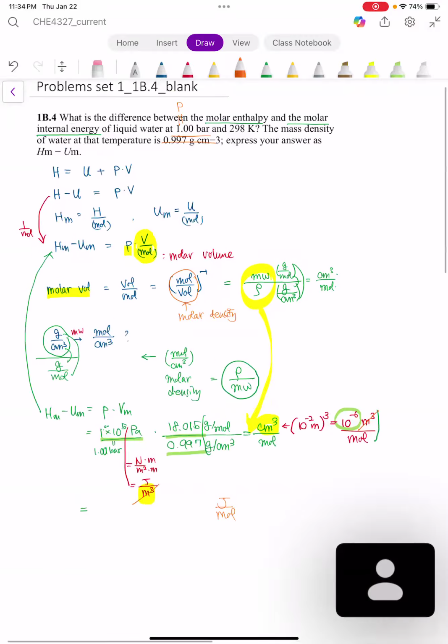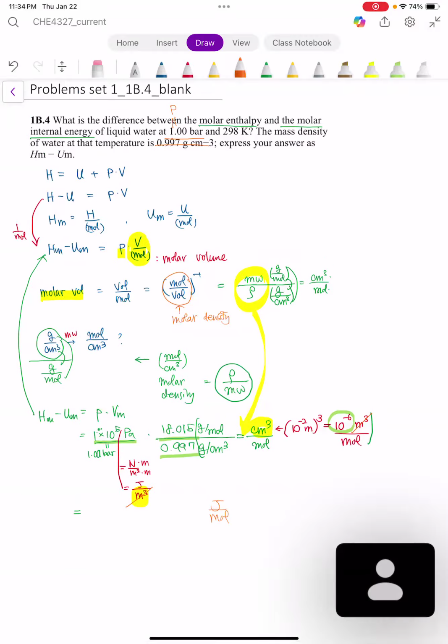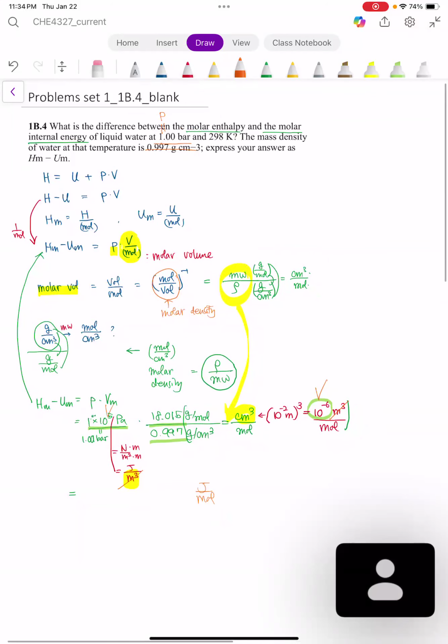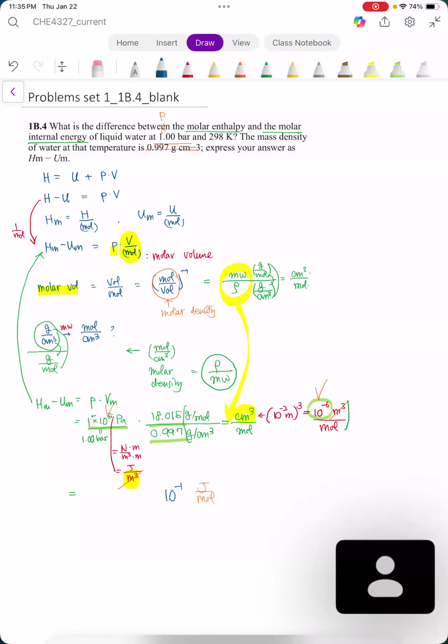Before you punch it into the calculator, you can recognize that this one and this one can be worked out even before you put it into the calculator. 10 to 5 times 10 to minus 6 is equal to 10 to minus 1, right? And then the other numbers are just 18.015 divided by 0.997.